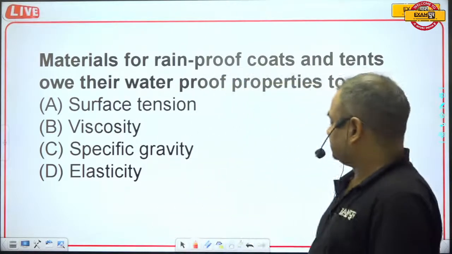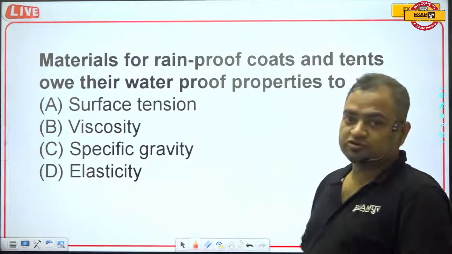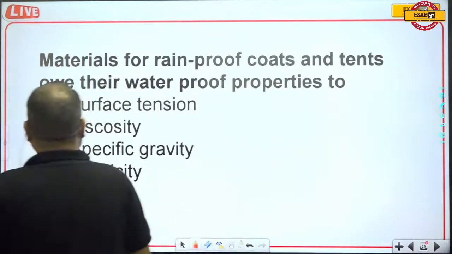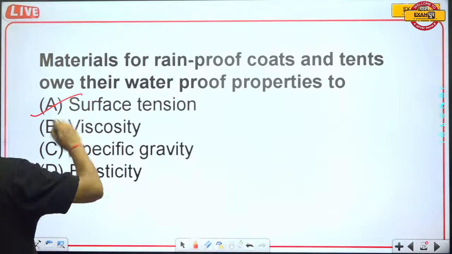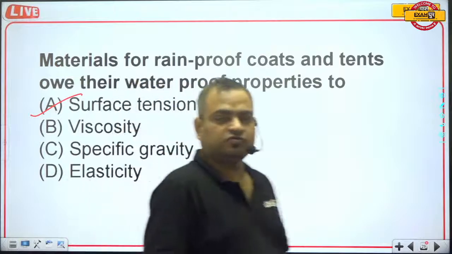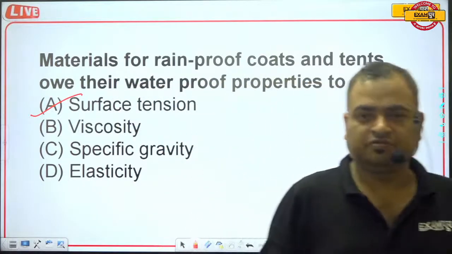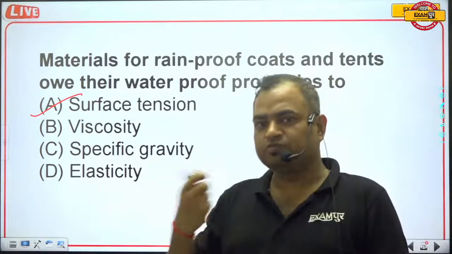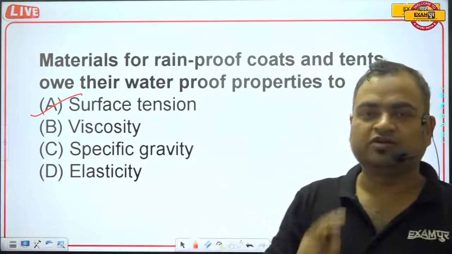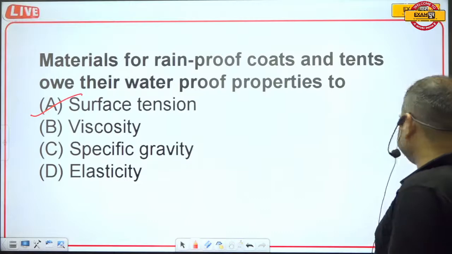This property is an adhesive property, and adhesion is described by surface tension. So here surface tension is the correct answer. If you want to see the concept behind this, you will have to move to this channel, and in my 2 p.m. session you will find the surface tension theory lectures.